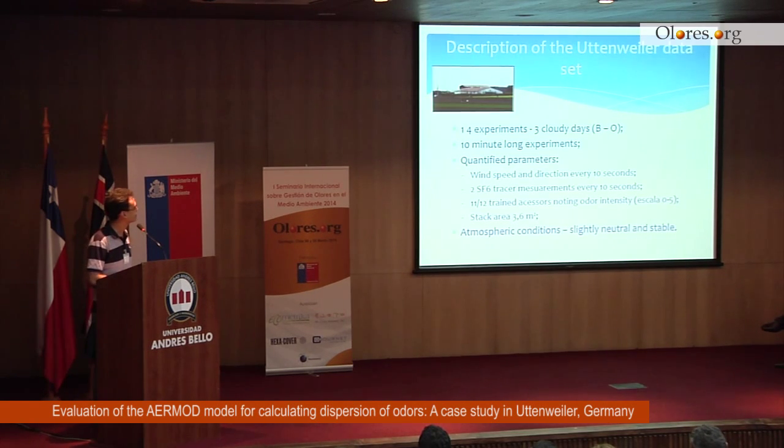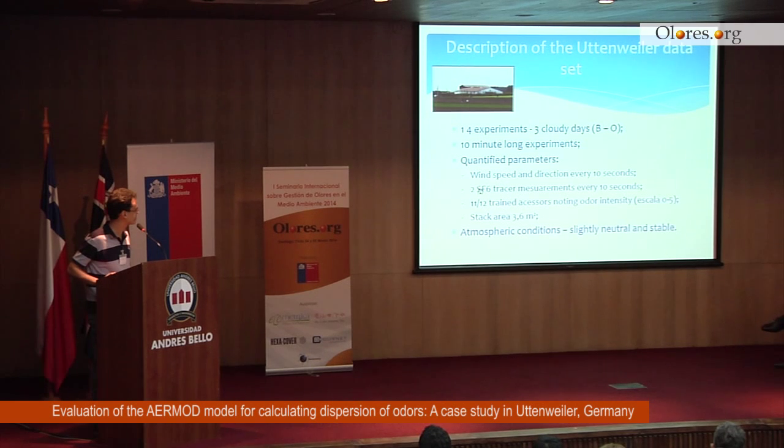This is a brief description of the data sets that we used. There were 14 experiments on 3 cloudy days. Each experiment was 10 minutes long, and there was a sonic anemometer that measured wind speed and direction every 10 seconds. There were also tracer measurements.